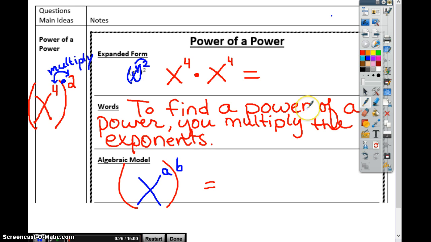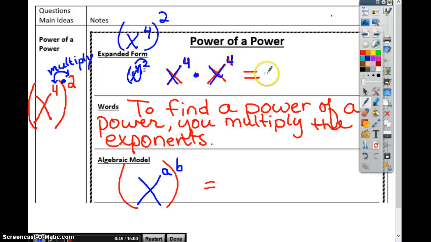To find a power of a power, you multiply the exponents. Here you have x to the fourth power squared. Written out in expanded form, that means you have two x to the fourth powers: x to the fourth power, x to the fourth power.